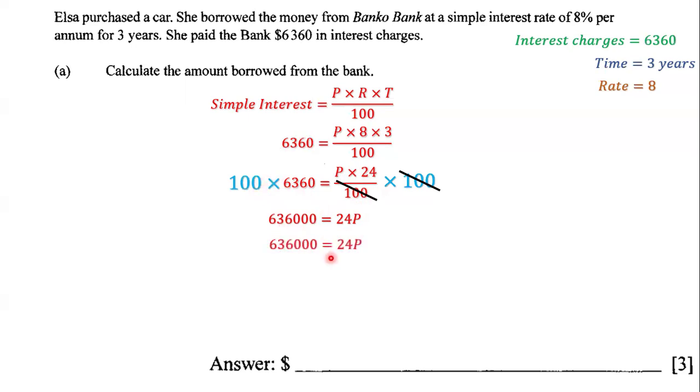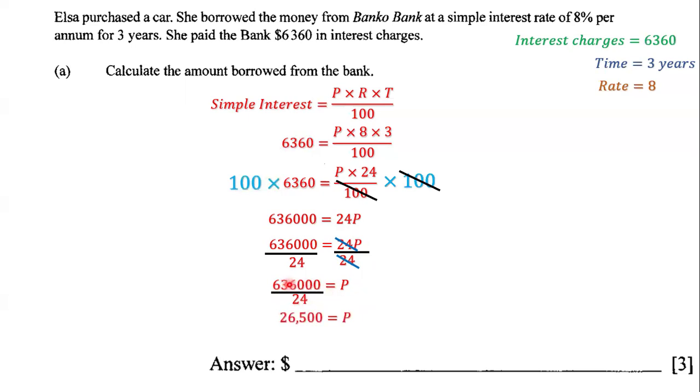The next thing we're going to do is divide both sides of this equation by 24, because 24 is the coefficient of P. This cancels with that, and we are left with P is equal to 636,000 divided by 24.